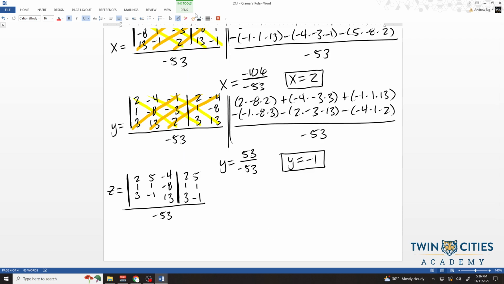And now, let's do some multiplication. These diagonals from top left to bottom right are going to be 2 times 1 times 13, 5 times negative 8 times 3, and negative 4 times 1 times negative 1. Okay, let's write that down.